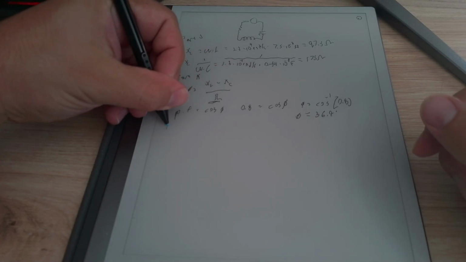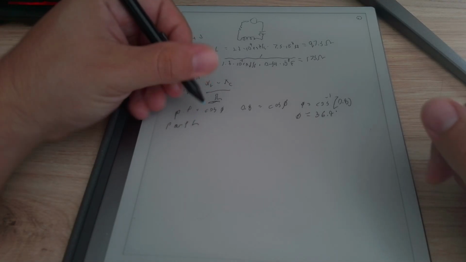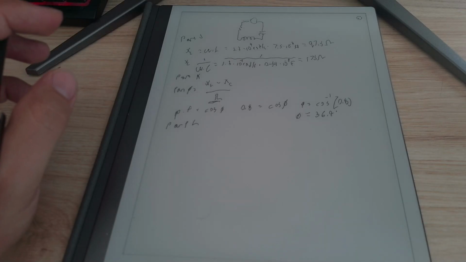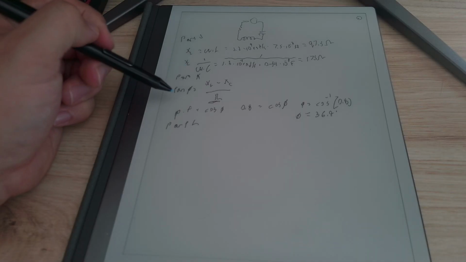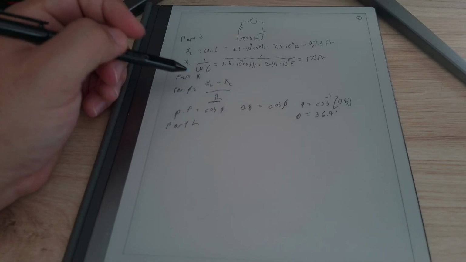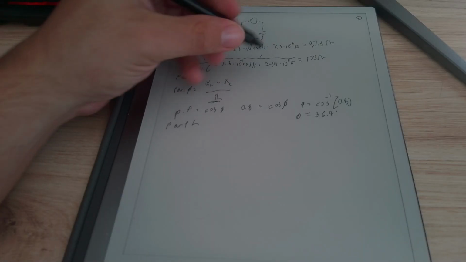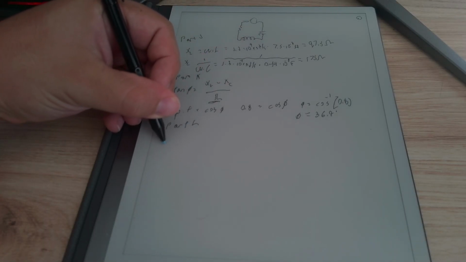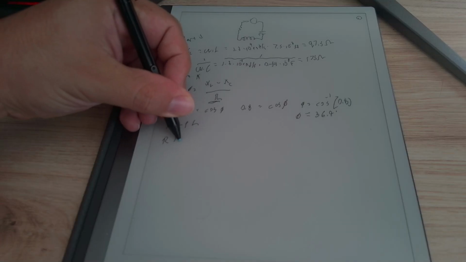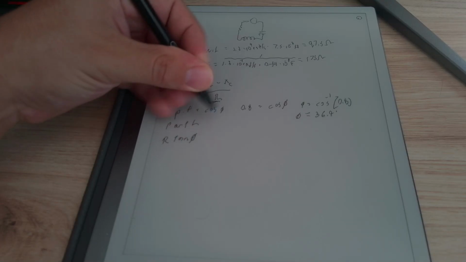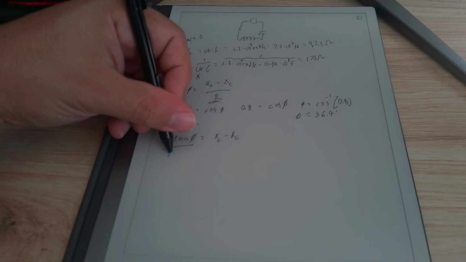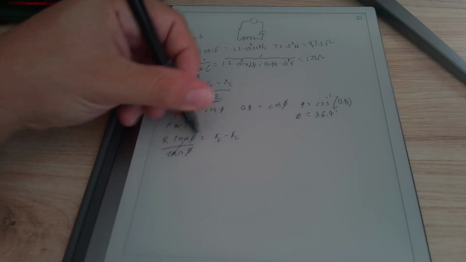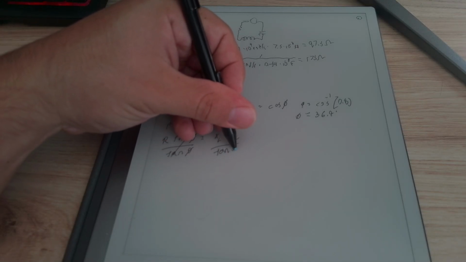Perfect. So then for part L, we're going to find the resistance. Since we have all that, we can find the resistance, because from this formula we'll just reverse everything. We're going to multiply our R to the other side, so it's with our tangent phi, and then we're going to divide by tangent phi, so that cancels out, and XL minus XC is on this side.